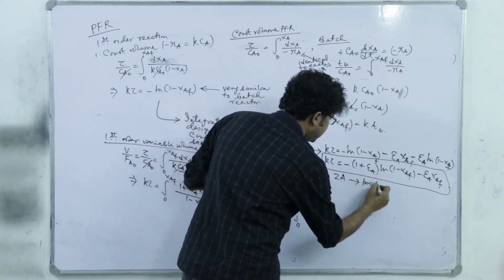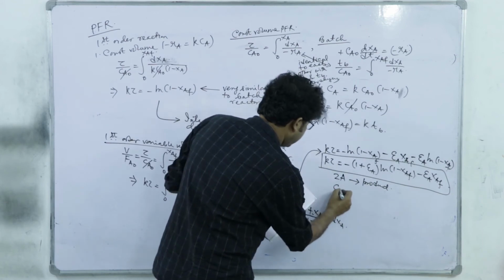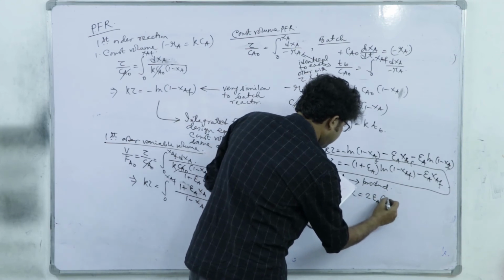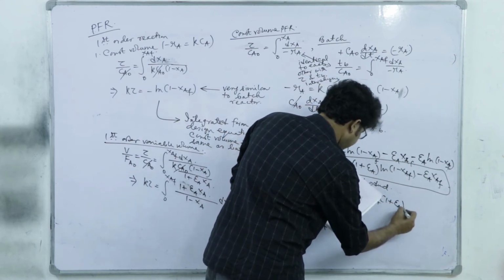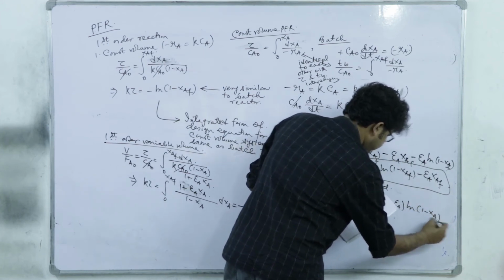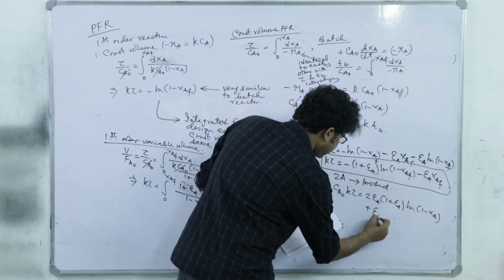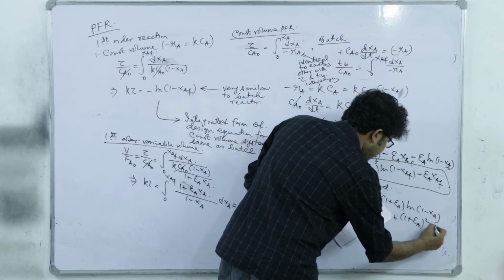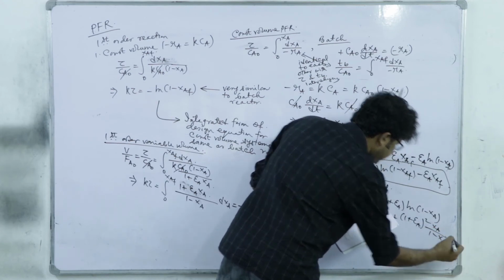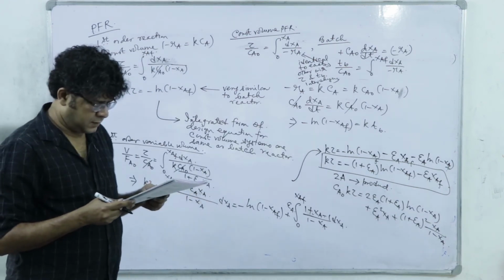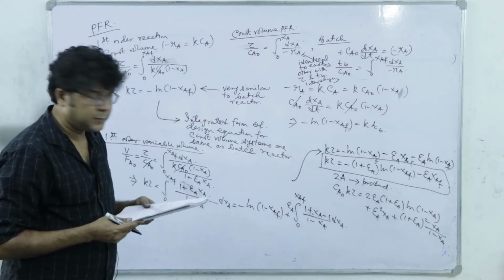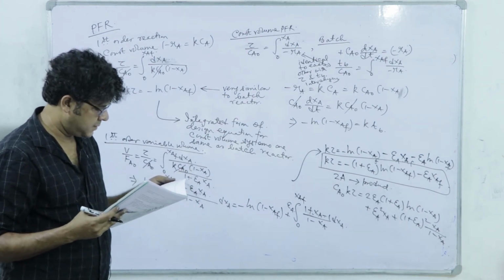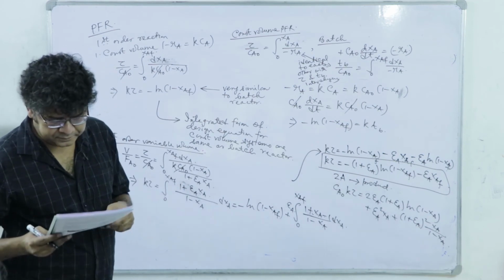So Ca naught into K into tau equals 2 epsilon A into 1 plus epsilon A, ln of 1 minus Xa, plus epsilon A square Xa, plus 1 plus epsilon A square Xa by 1 minus Xa. Here if you put epsilon A equal to 0, you will get back the performance of a constant volume CSTR.